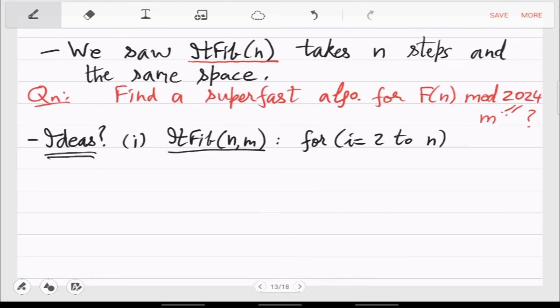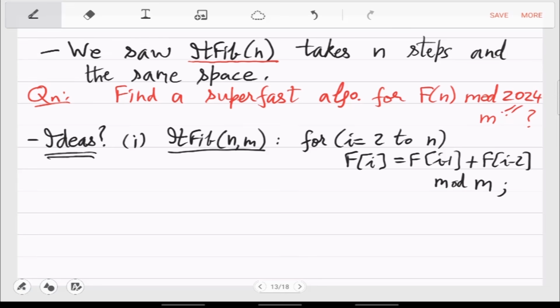So same pseudocode and same array, but now the addition is mod m, which is an array which stores even smaller integers. Very small, it's only numbers from 0 to m minus 1 or 0 to 2023. So that's the array manipulation. In n steps, you will get the value of Fn mod m.